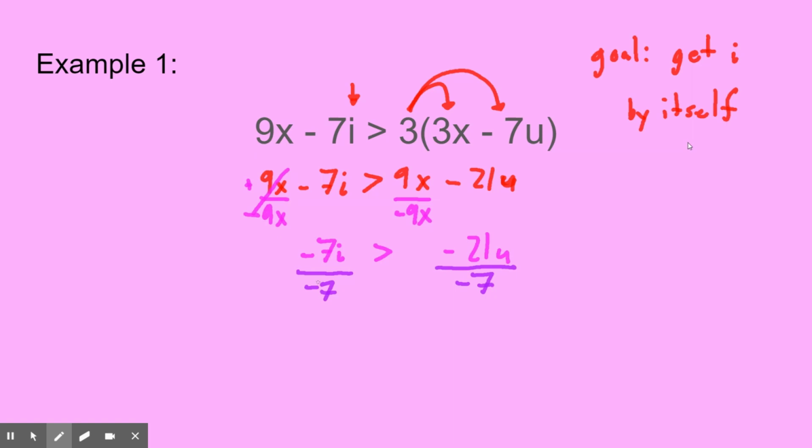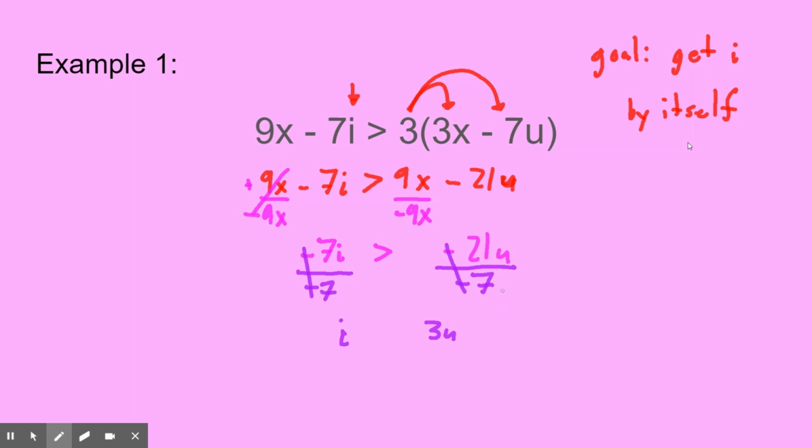The division works as you would expect. 7 divided by 7 is just 1, so we're just left with the 1i. 21 divided by 7 is going to be 3, so we're left with 3u. And since we have a negative on both of these, the negatives are also going to go away. They essentially make a giant 1.